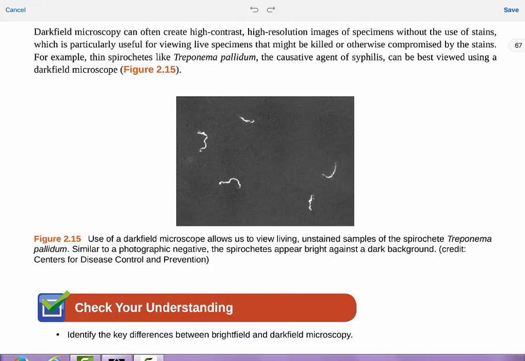So we don't have all of that light coming through like we do in a bright field microscope. What we see is a dark background, and then we have our specimen there that is lit up just by the bouncing of that little bit of light coming around the edges. Dark field microscopy can often create high contrast, high resolution images of specimens without the use of stains, which is very important for using things like live specimens that might be killed by a stain or otherwise compromised.